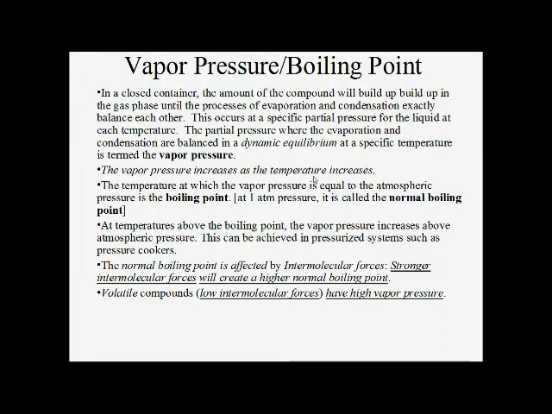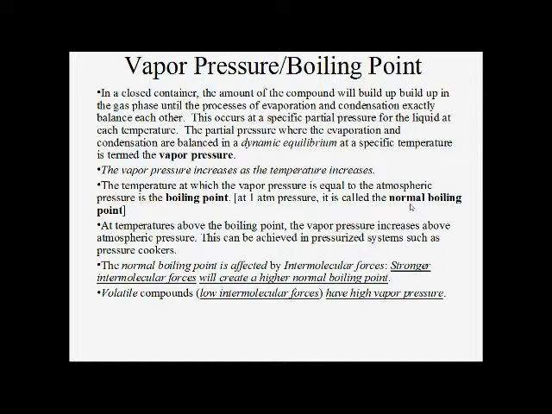Atmospheric pressure can change. It does change with elevation. So our local boiling point changes depending on what elevation we're at. So the boiling point of water in Denver is different from what it is in Santa Monica. So what we often are comparing is what's called the normal boiling point. Normal boiling point is when we're at 1 atmosphere of pressure. So that would be Santa Monica on a good weather day. So sea level under good weather, we have 1 atmosphere of pressure.